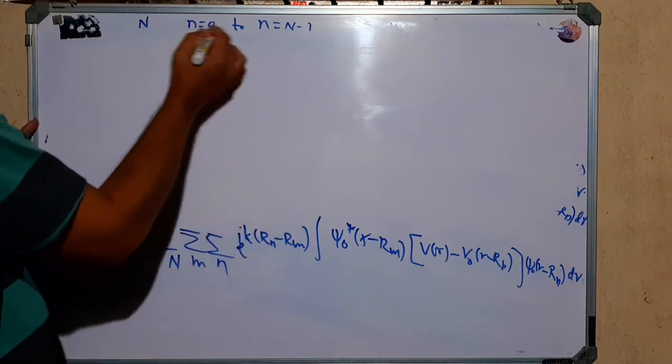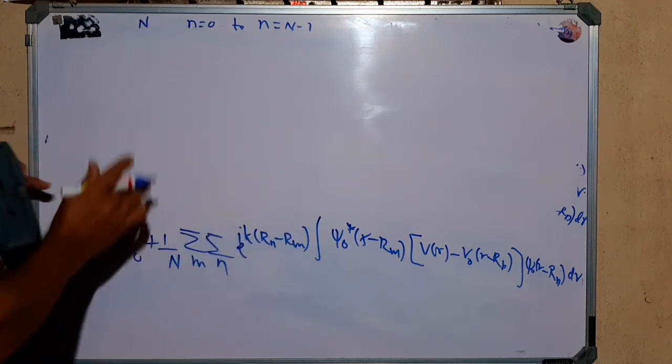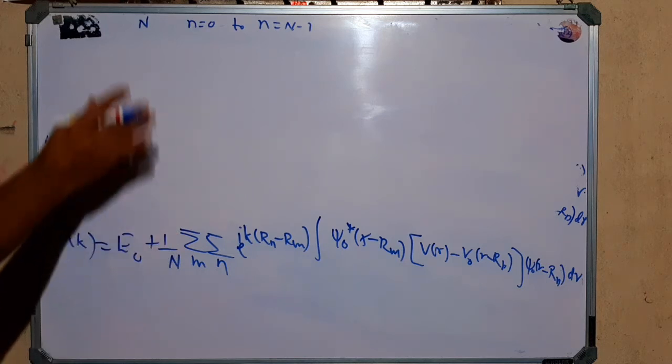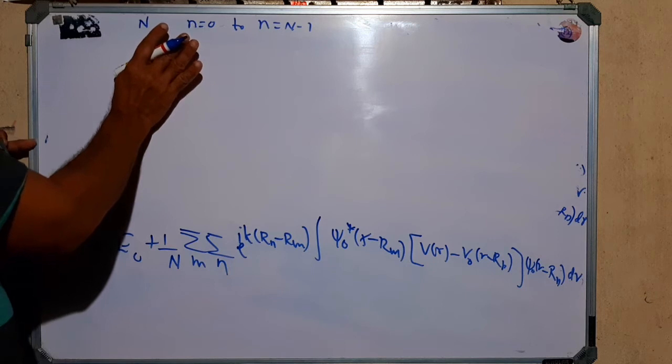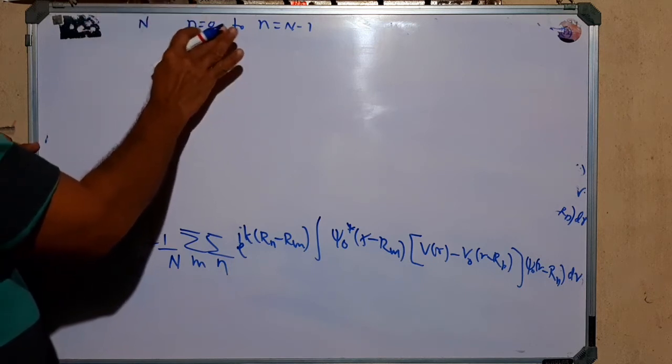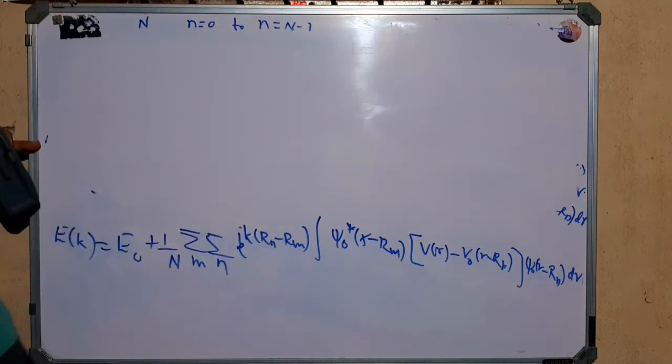So we have to expect every term in the summation to contain n identical terms, starting from n is equal to 0 to n is equal to n minus 1.